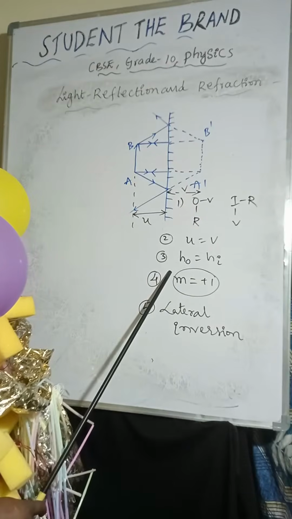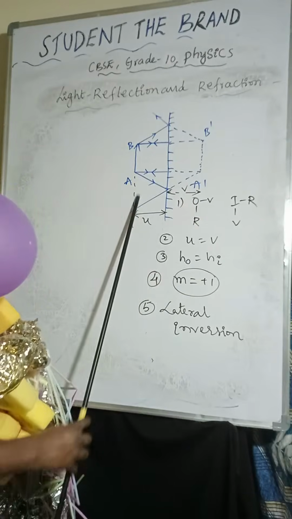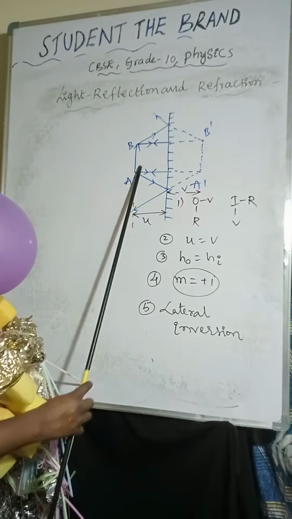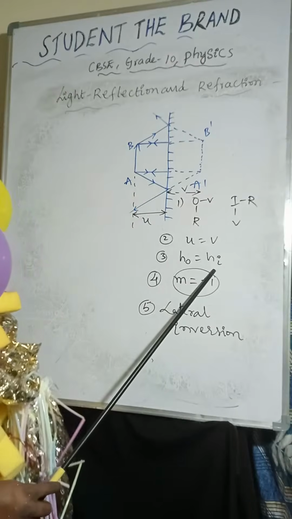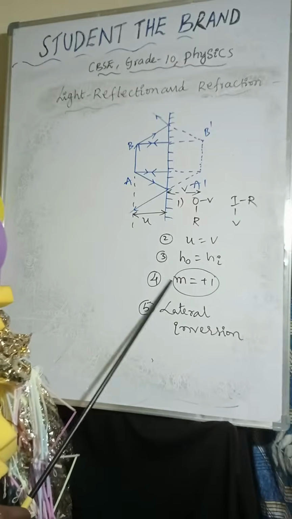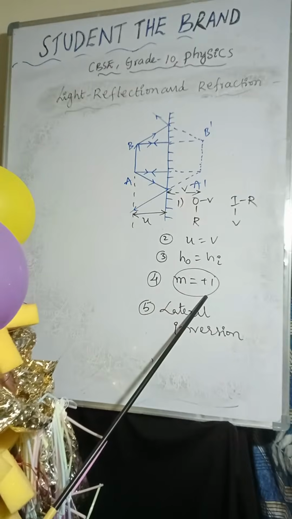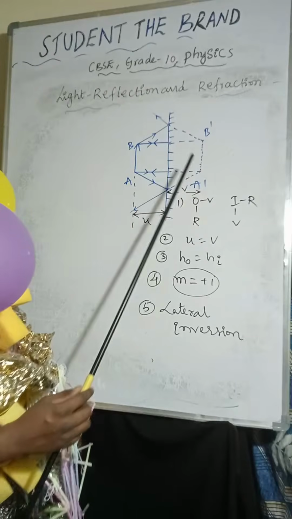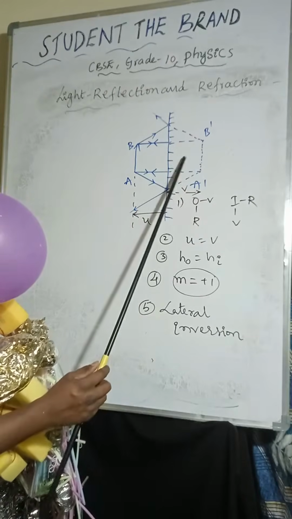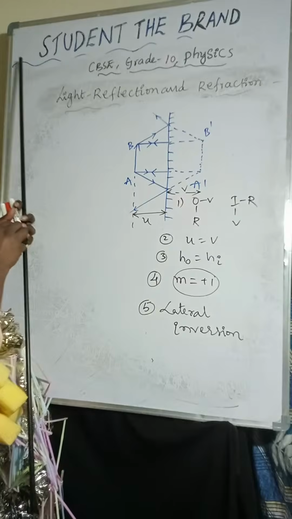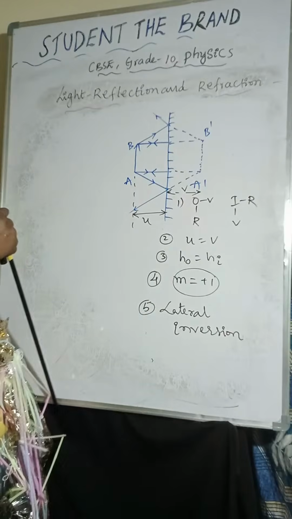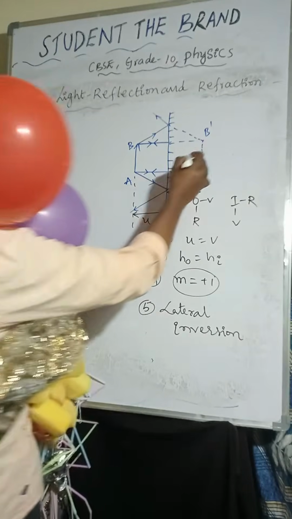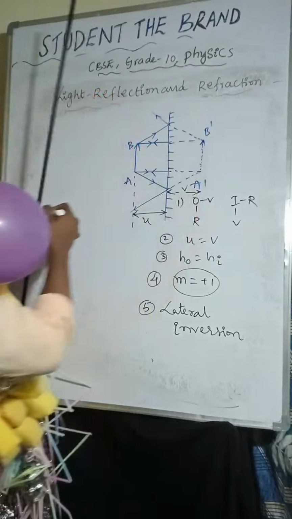And coming to the height of the object, size also we can say, height of the object is equal to height of the image. And magnification of the plane mirror is +1, because here virtual, erect and same size of the image will be found. So in plane mirror, that's why we are taking virtual, erect and same size.